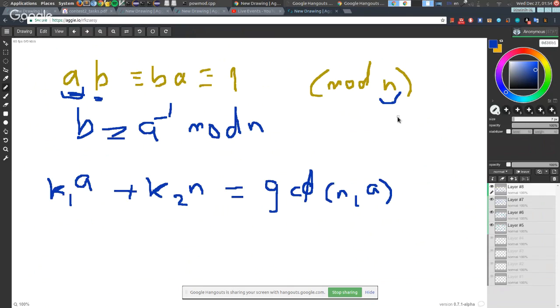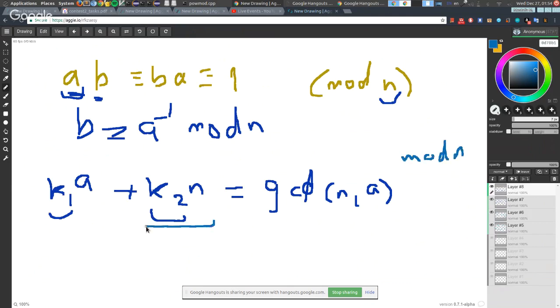So both numbers here are coprime, so this GCD will be equal to 1. And here we can find k1 and k2 using the extended Euclidean algorithm. So let's assume that we got them. We take this equation modulo n.